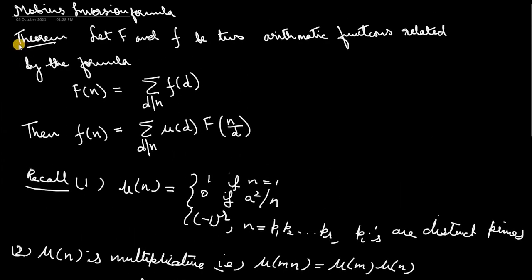Now, what is this Mobius inversion formula? It states that capital F and small f are two arithmetic functions related by this formula: capital F of n is equal to the summation of f of d, where d runs over the divisors of n. Then we have to show that f of n is equal to the summation of mu of d into capital F of n by d, where d runs over the divisors of n.